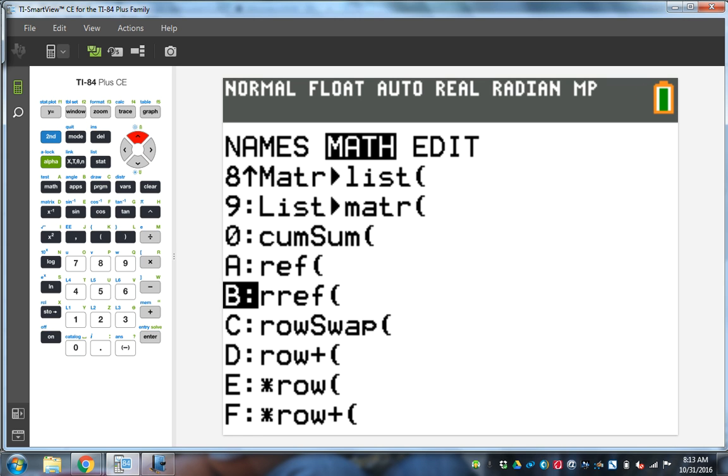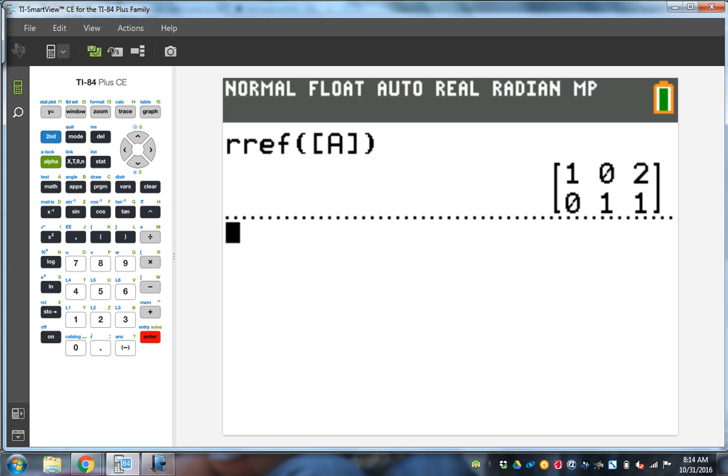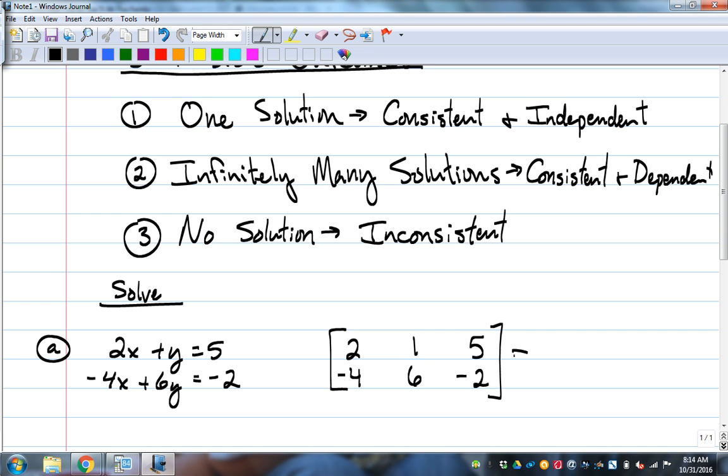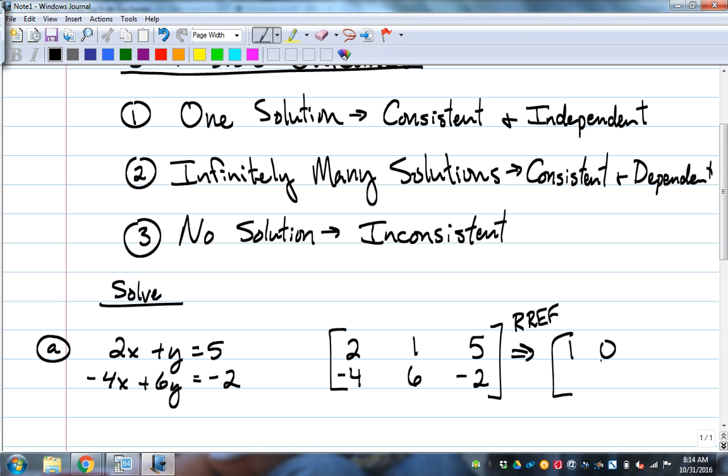What did y'all use? Hopefully it was RREF. RREF, and then we need to tell it to use that on matrix A. And it cranks out a nice little matrix. RREF gives 1, 0, 2, 0, 1, 1. Is that what y'all got? All right. So what's that mean?